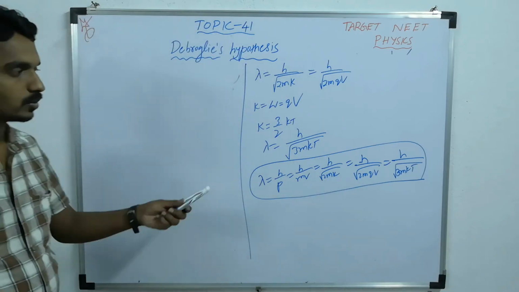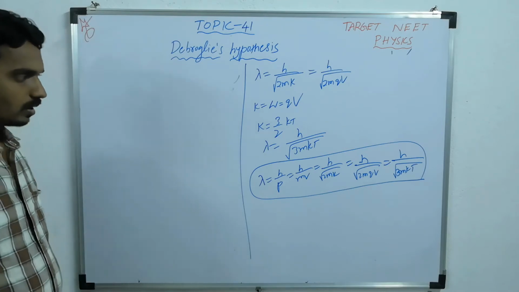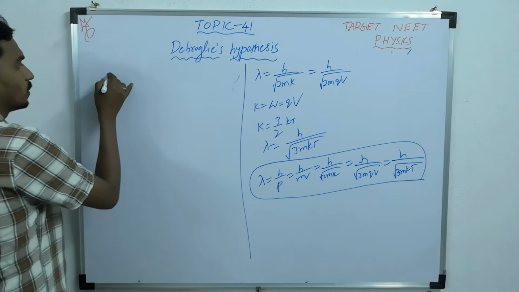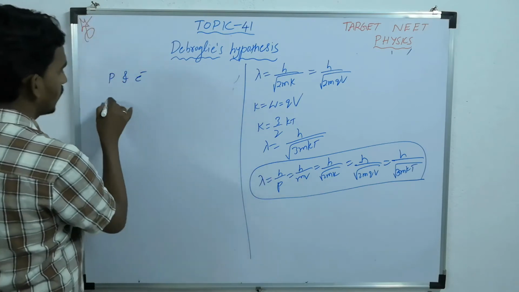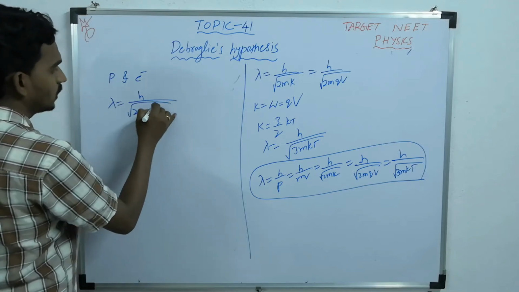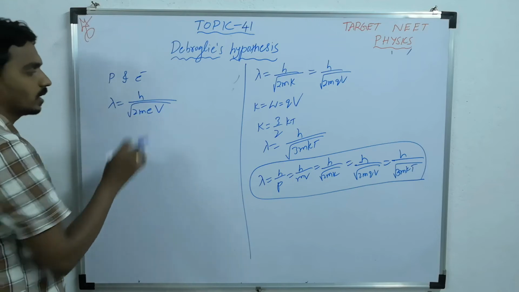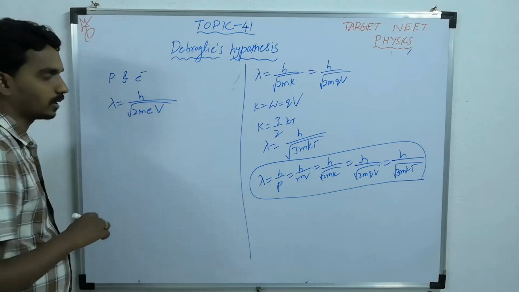Depending on that, you have to choose the formula wisely. Sometimes they will ask usually between proton and electron, like lambda equals h by under root 2m eV, because both have the same charge but the mass is different.